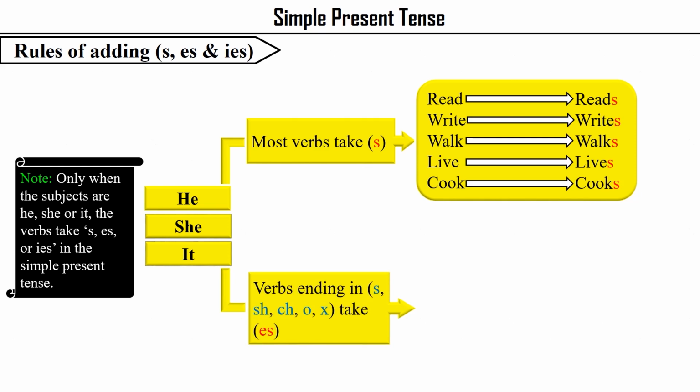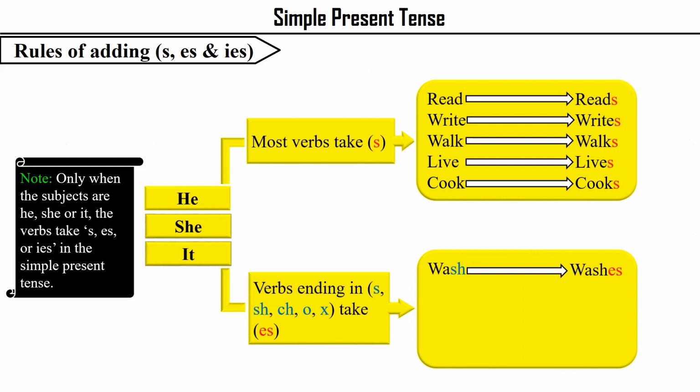Verbs ending in s, sh, ch, o, or x take es. When a verb ends in s, sh, ch, o, or x, it takes es. For example, wash becomes washes. Here, wash ends in sh. That is why we added es to the verb. Wash becomes washes.